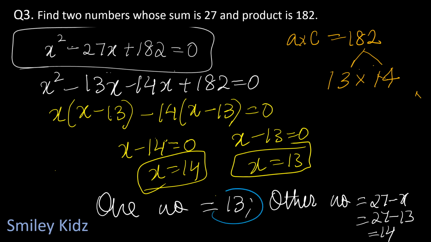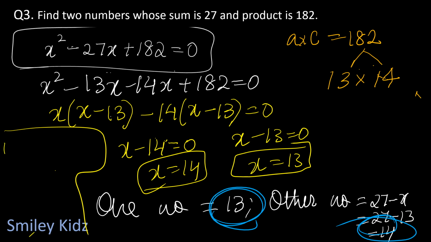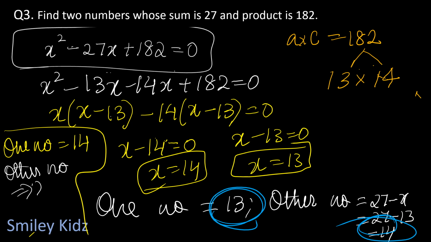If I assume one number as 13, the other number would be 14. But in the same case, if I say one number is 14, then the other number will be 27 minus 14, which is equal to 13. Isn't it? Hence, the two numbers are 13 and 14.